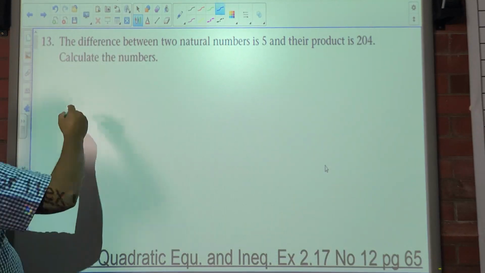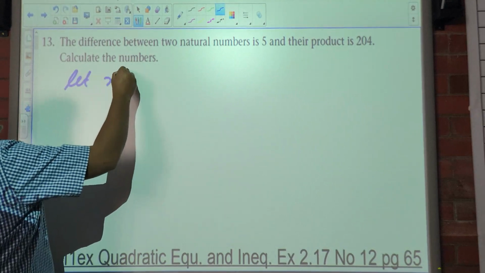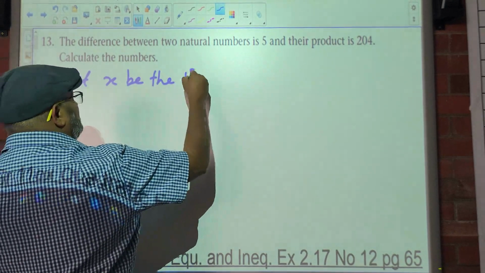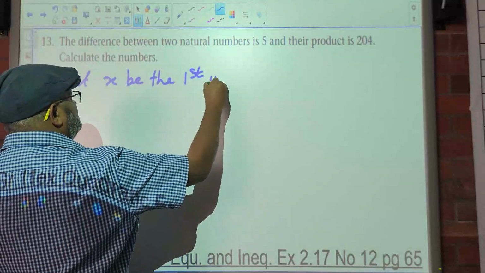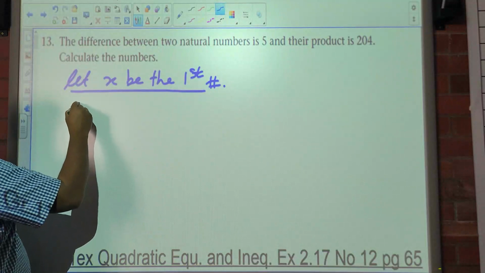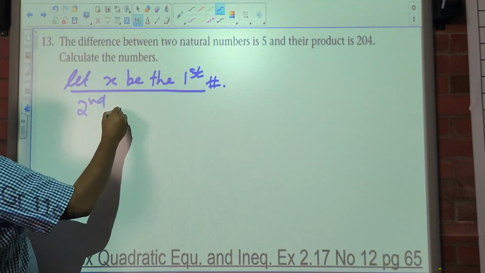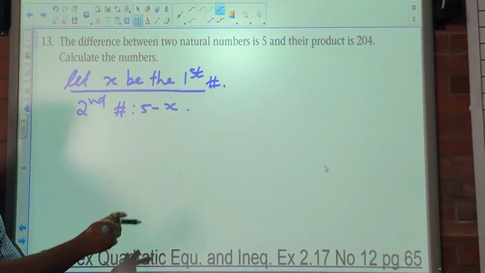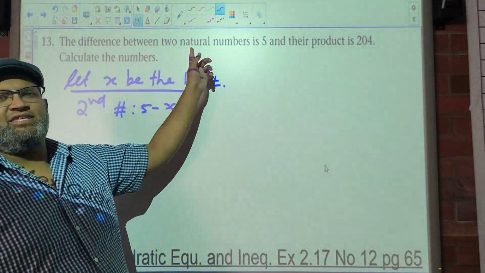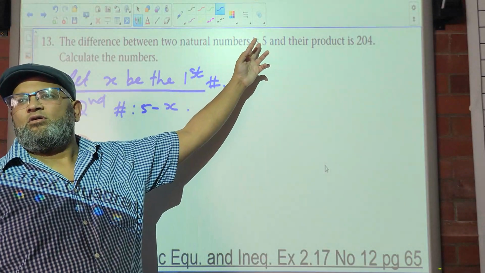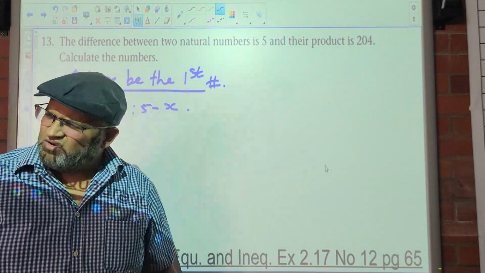Not so. So we say let x be the first number. If x is the first number, then the second number is going to be 5 minus x. How do I know that? If the first number is 1, then the next number is going to be 2.